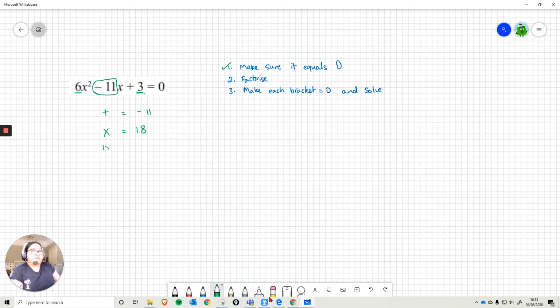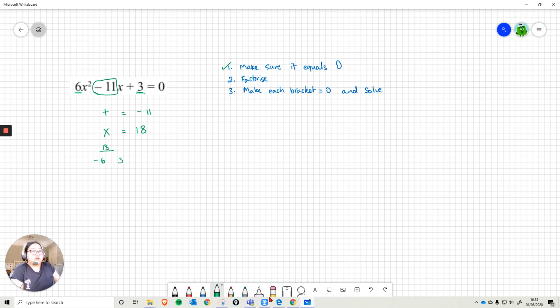So I'm going to think of my factor pairs of 18. And because we want negative 11, the fact that we need a negative, but my number is positive, means both of our factors need to be negative.